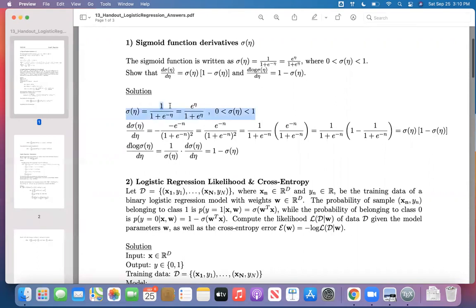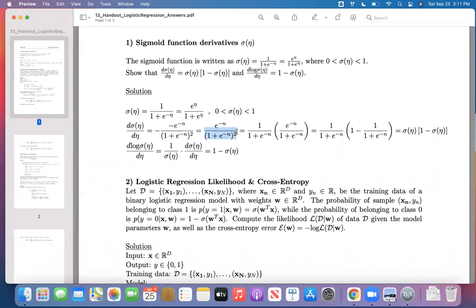So if we have a sigmoid function, which is defined by this formula here, then the first order derivative of this, if we apply the chain rule, is going to be minus 1 over the denominator of this raised to the power of 2. And then we also need to find the first order derivative of the denominator, which is minus e to the power of minus n.